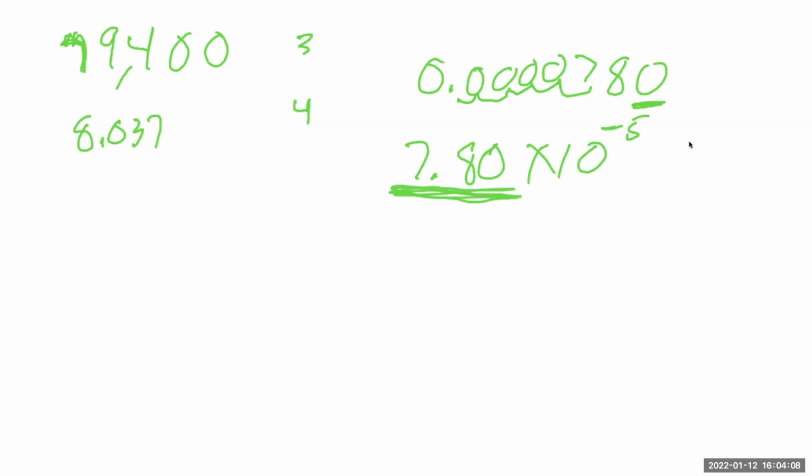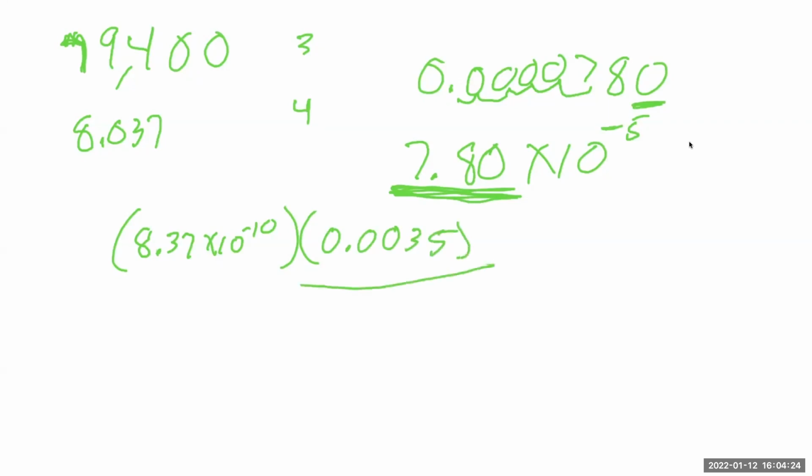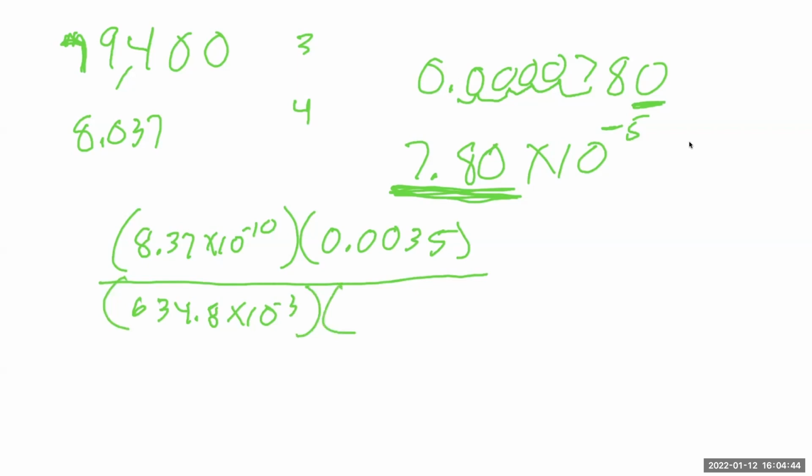So if we did math, let's do 8.37 times 10 to the -10, times 0.0035, divided by 64.8 times 10 to the -3, and 814.75 times 10 to the 5th.